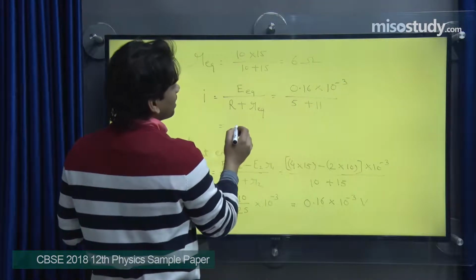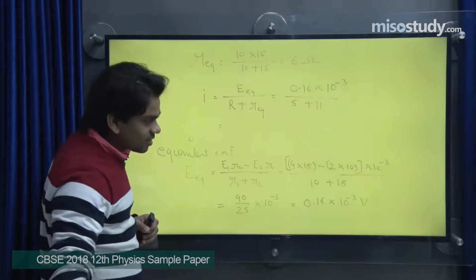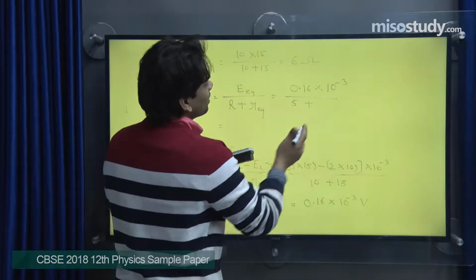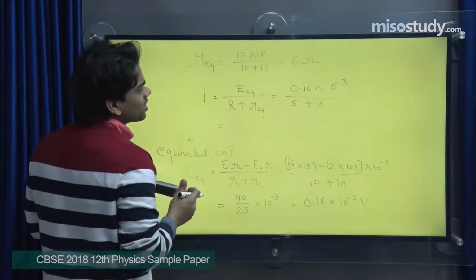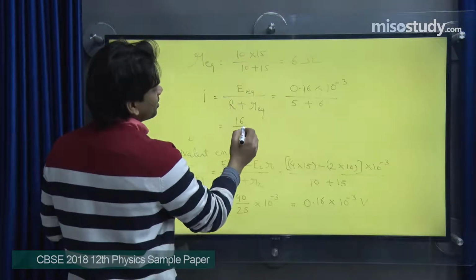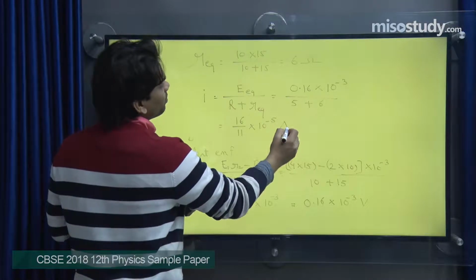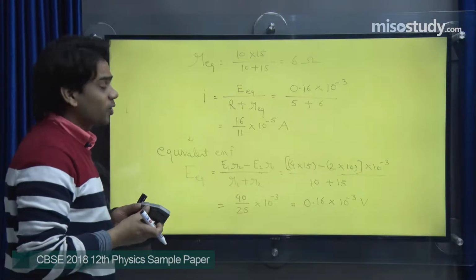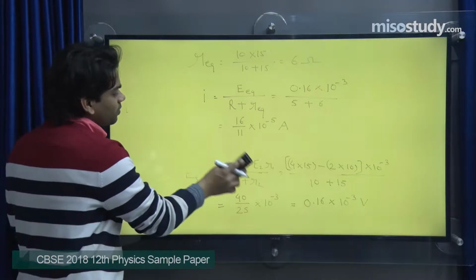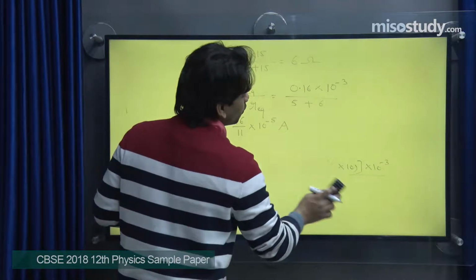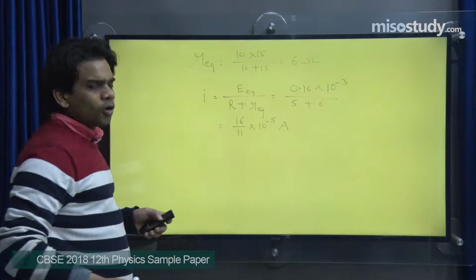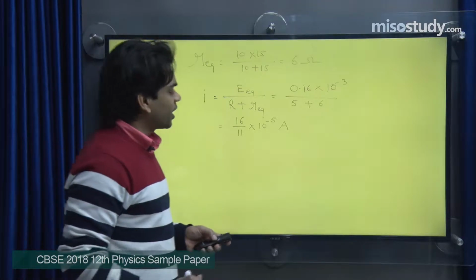Actually this is 6, I wrote 11, this is actually 6. So we will get 16 by 11 into 10 to the power minus 5 ampere. This is what we are going to obtain. So this will be the value of current through the resistance. I want you all to take down till here and we'll start with the next question.